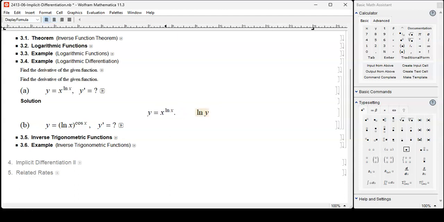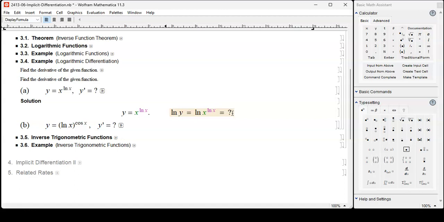Step 1, take the log. So what do you have? Log of x to the log of x power? Is that it? Let's see, this is x to the log of x power. So this is x, and then this is log of x, the power, the same thing.